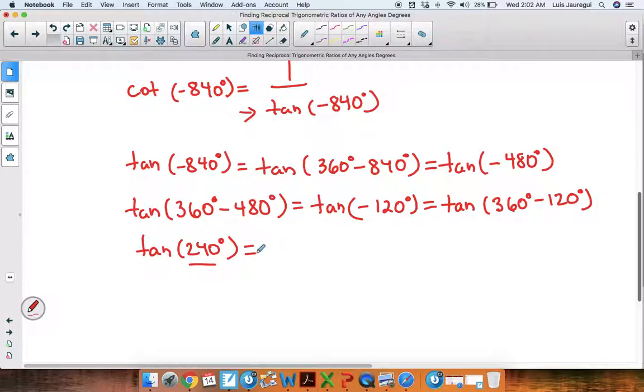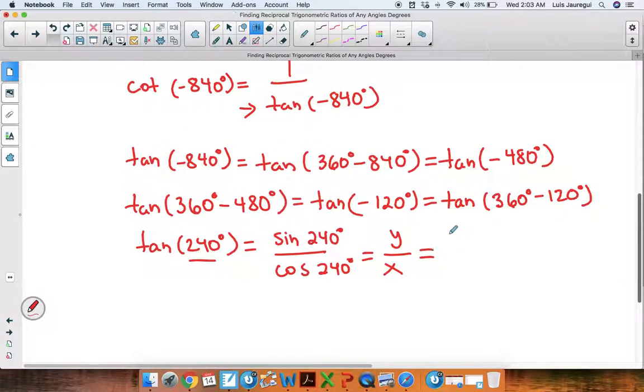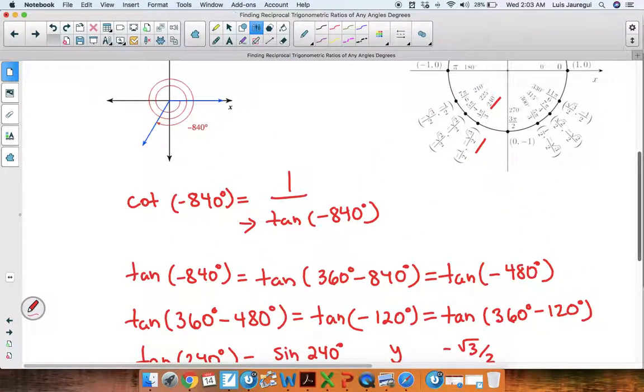So tangent is the same as sine of 240 degrees divided by cosine of 240 degrees. Or in other words, your y value over your x value. So let's find the angle whose measure is 240 degrees. Now your y happens to be negative square root of 3 over 2 divided by your x, and your x value here happens to be negative 1/2.